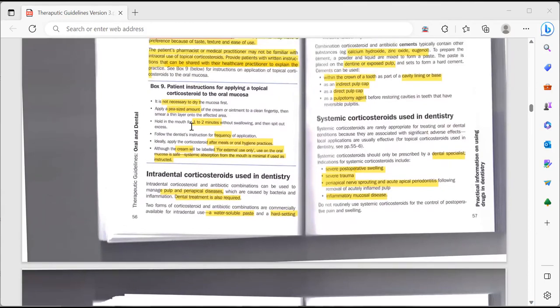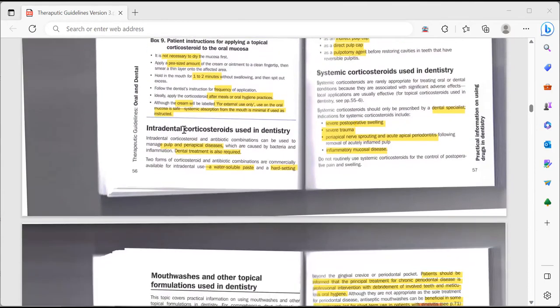Okay, so we read about the topical part. Now is the intradental corticosteroid. An intradental corticosteroid and antibiotic combination can be used to manage pulp and periapical diseases.